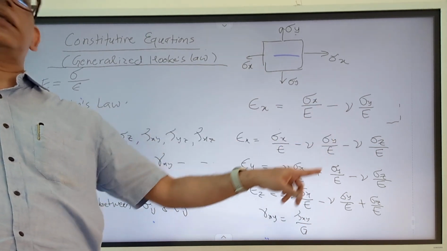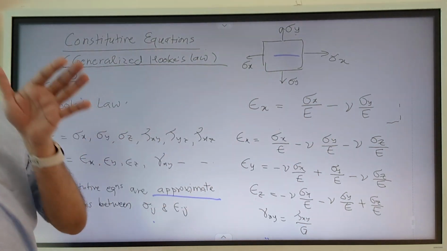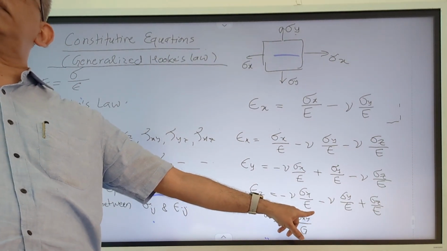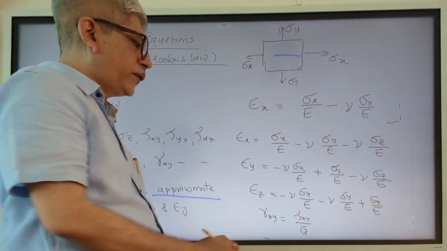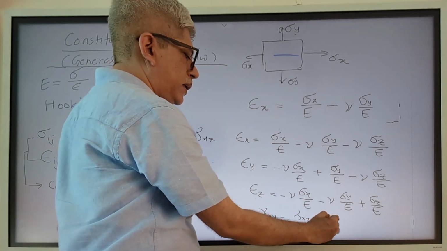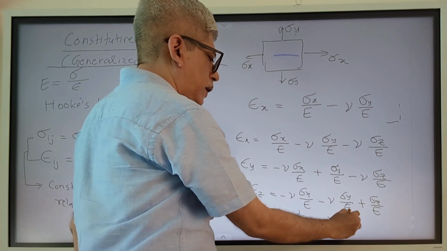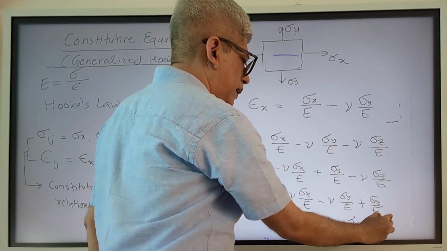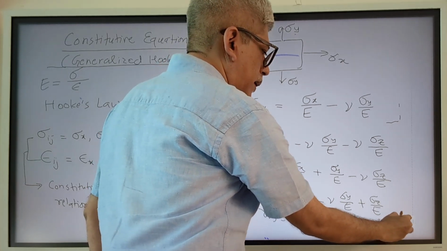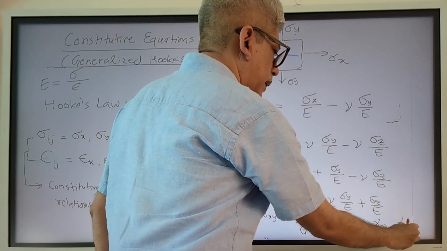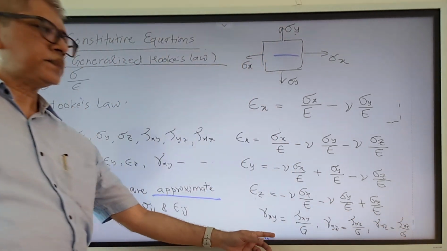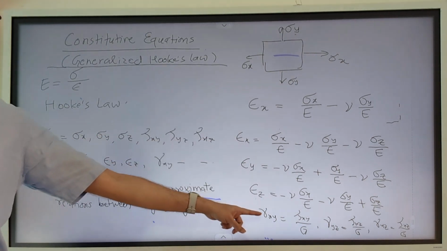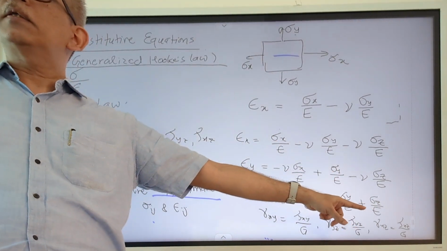Other shear stresses don't influence the angular deformation in the xy plane. It is only influenced by the shear stress which acts in that particular plane. So we have gamma xy equal to tau xy by G, gamma yz equal to tau yz by G, and gamma xz equal to tau xz by G. So here we have related all strain components with all stress components.